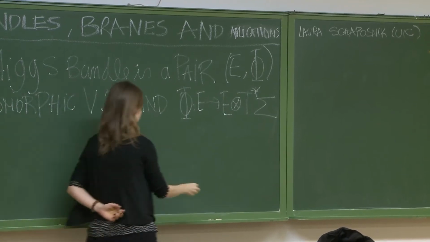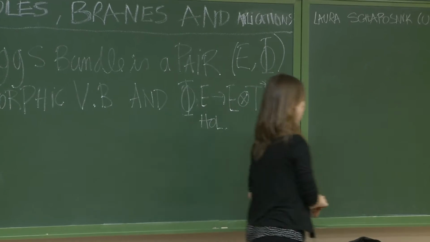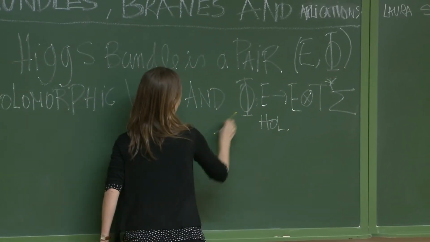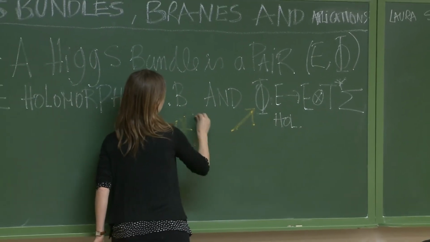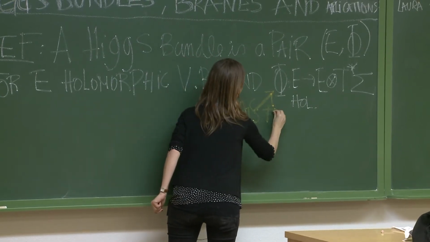So this is going to be holomorphic also, and it's what we call the Higgs field. So it's our Higgs map.